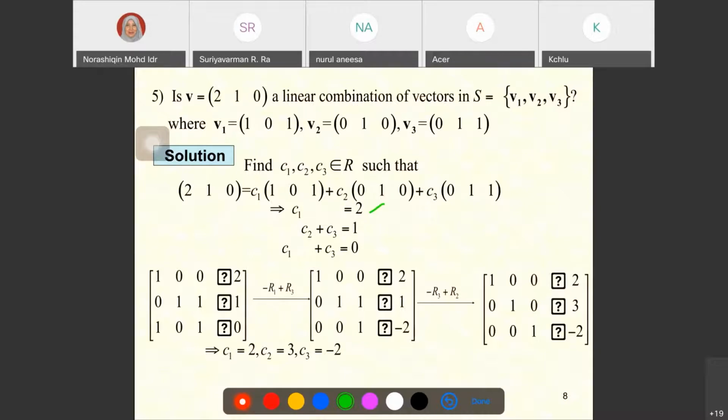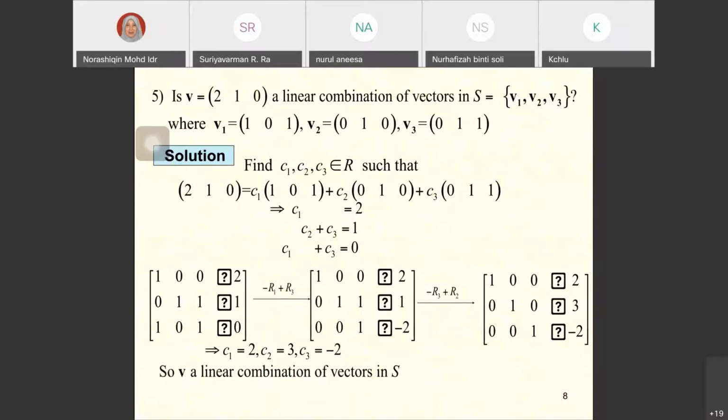So C1 equal to 2, C3 equal to negative 2. Over here, you got C2 equal to 1 plus 2 equal to 3. Betul? Yes. So you got V is a linear combination of that vector X.